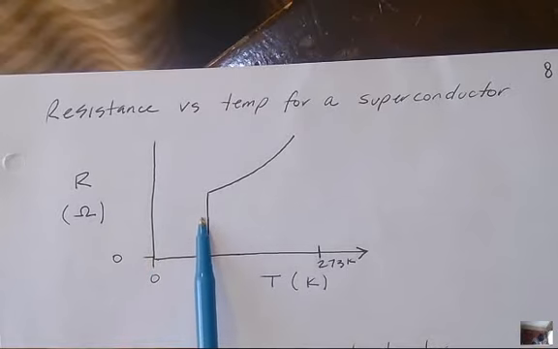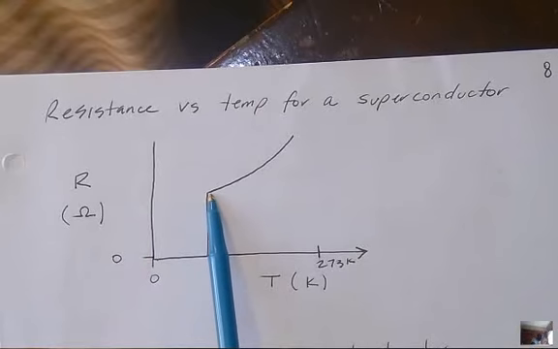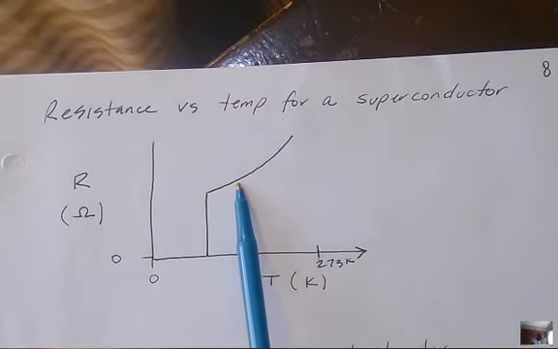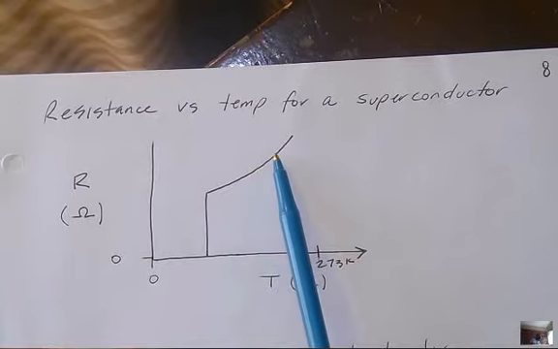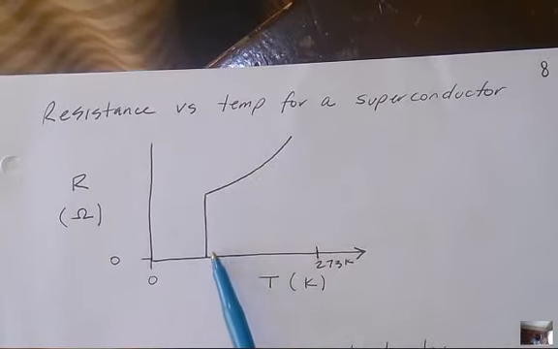And then they shoot straight up and have a typical resistance like regular wires. They're still going to conduct, but they're going to have some losses. And then, just like regular wires, as you heat them up further, their resistance is going to get worse and worse, higher and higher. You're going to have more losses as the temperature goes up. So the idea is, what temperature do you want this to be?